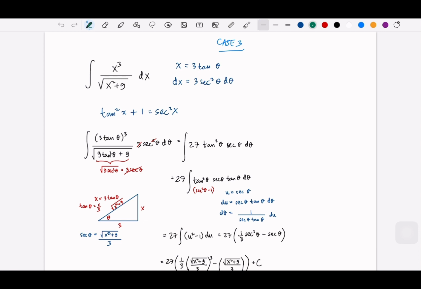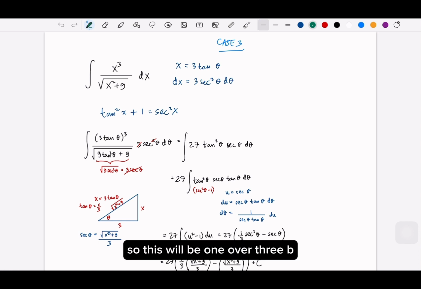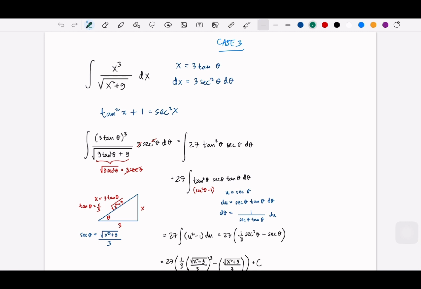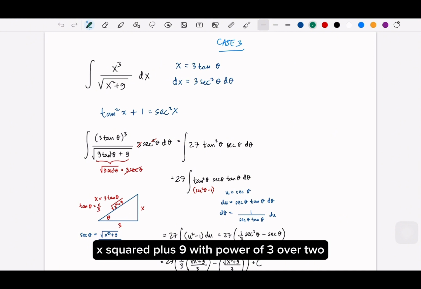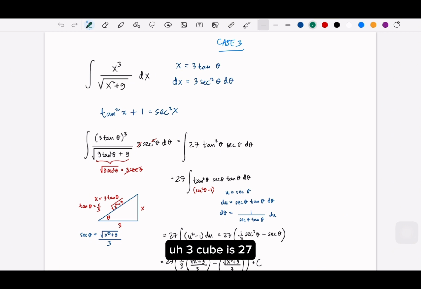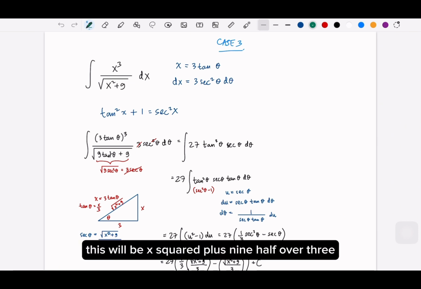So 27. So this will be 1 over 3 times x squared plus 9 with power of 3 over 2, over 3 cubed, which is 27, minus x squared plus 9 to the half over 3.